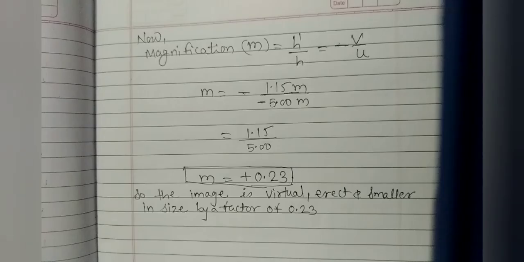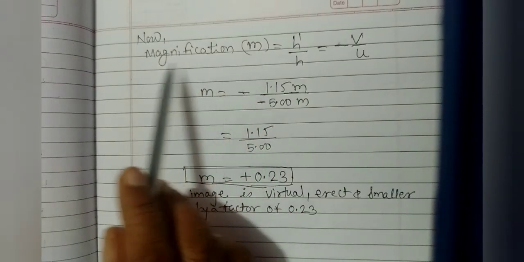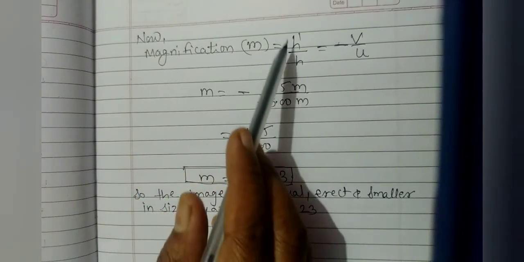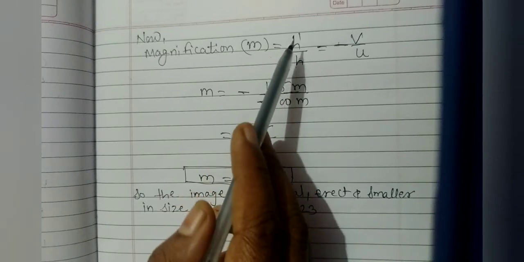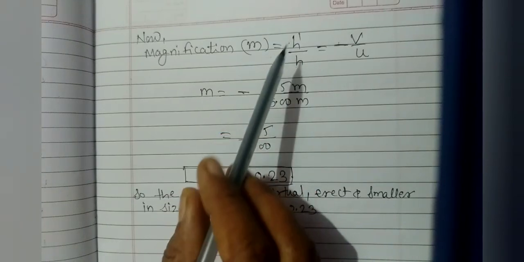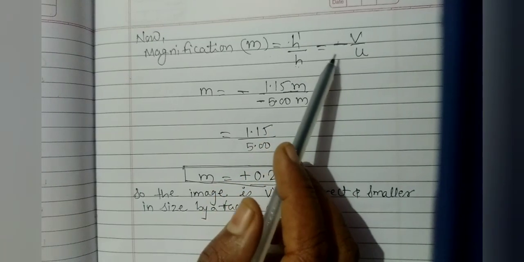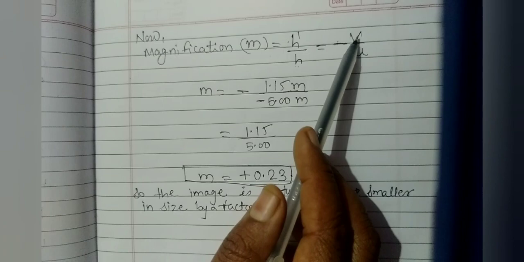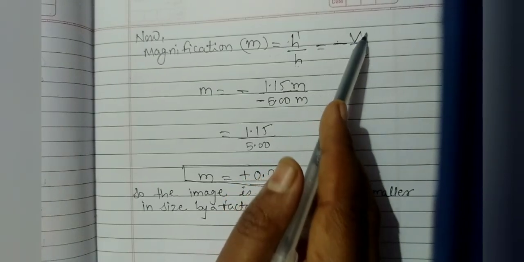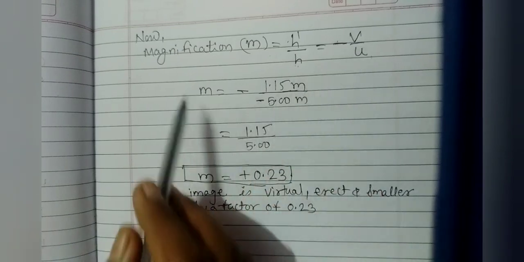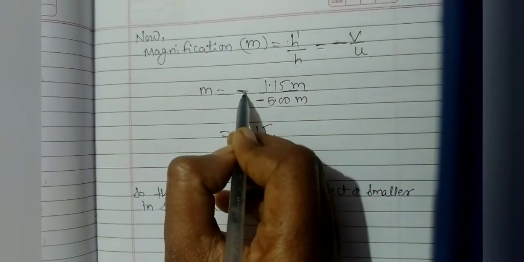So now next part, we have to find out the value of magnification. Formula of magnification is h dash upon h. That is, it is the ratio of image height by object height. Now magnification in relation with the object distance and image distance, we know the formula is minus V by U, and so put the value of V and U. So this is the minus sign.